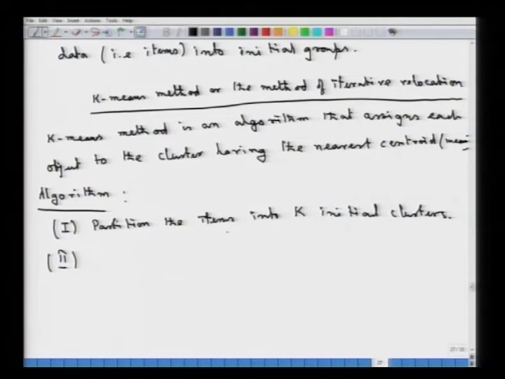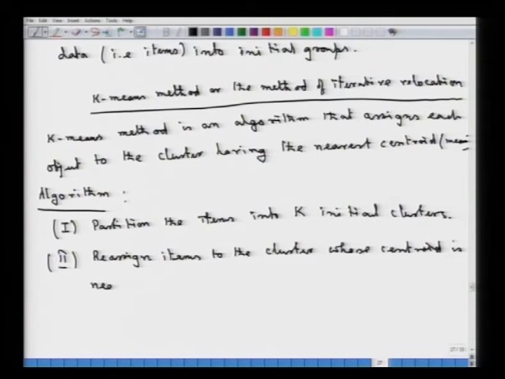First we partition all the n items into k initial groups, and once that is done, we look at possible reassignment: reassign items to the cluster whose centroid is nearest in the Euclidean sense.